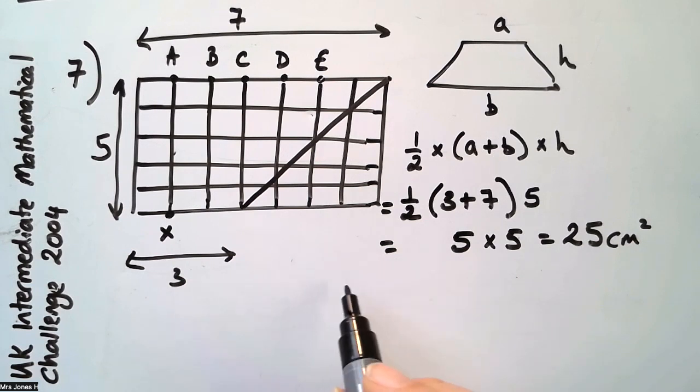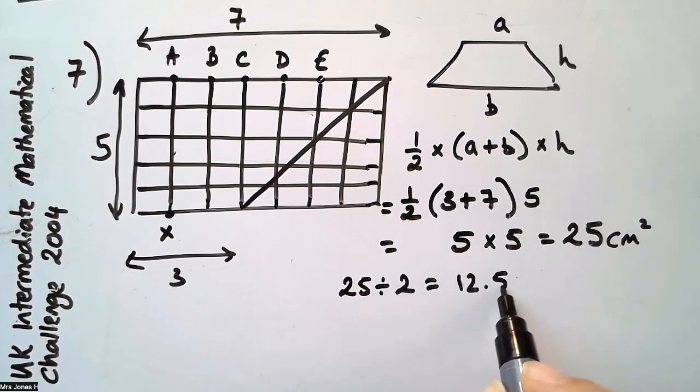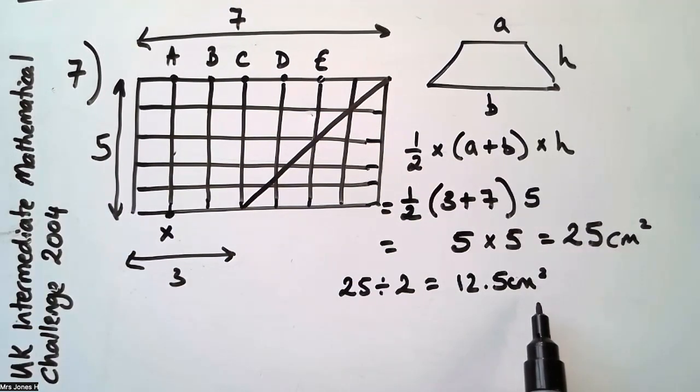We're looking for an area that's half of this. So 25 divided by 2. We need a trapezium that is 12.5 centimeters squared.